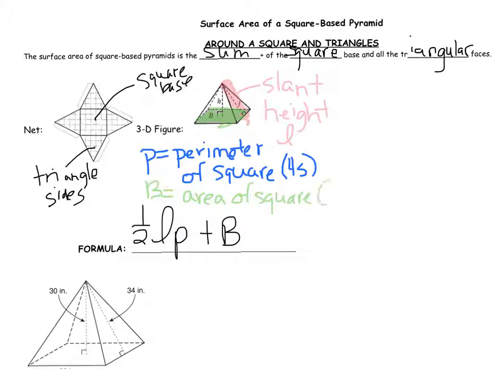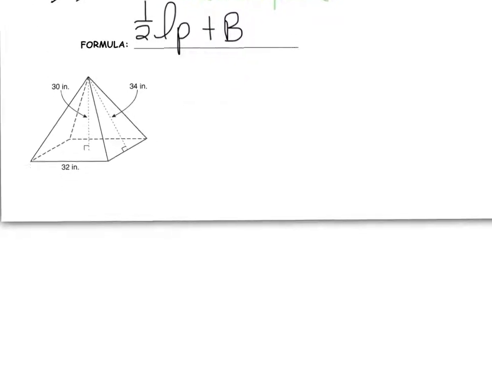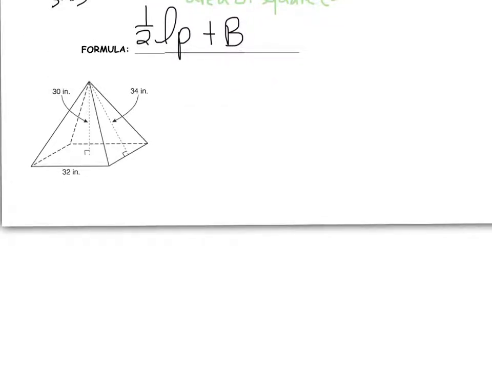So you're going to find S squared. Let's go ahead and move down and do an example. First thing we've got to do is find our L. Then we're going to find our P. Then we're going to find our B. Okay, so let's take a look.